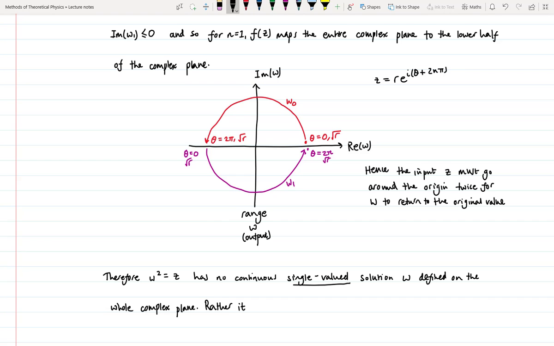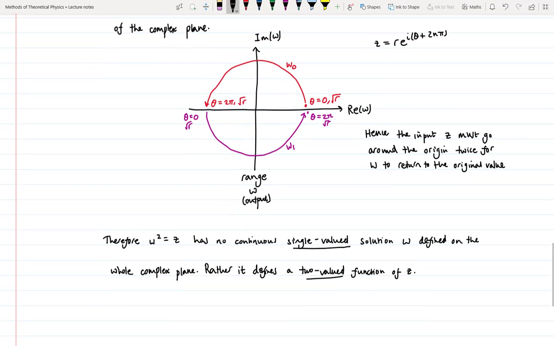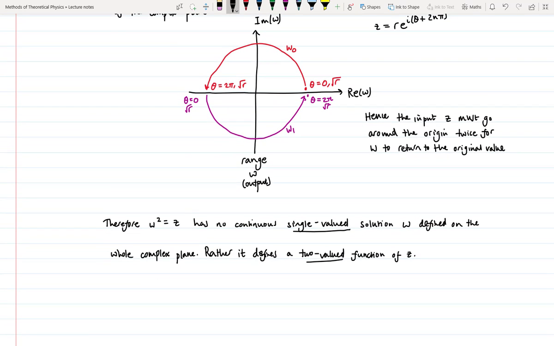Instead, this equation w squared equals z defines a two-valued function of z. We now get to a very important piece of terminology.